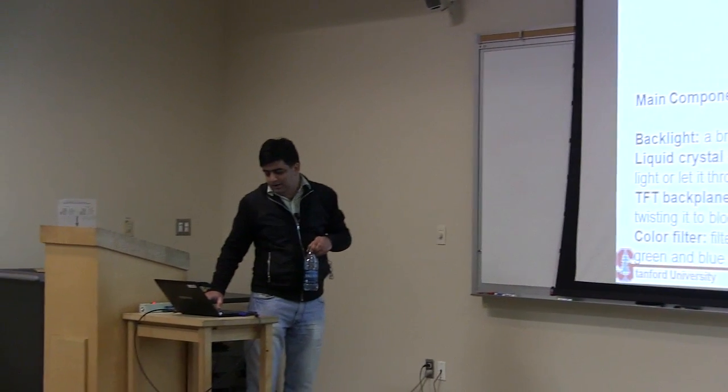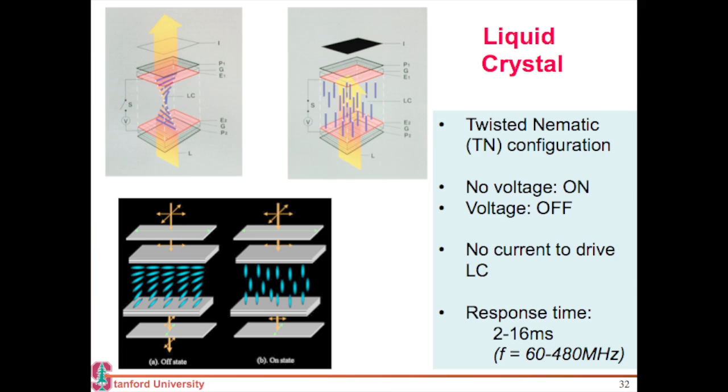And to give you some more idea how an LCD display works, there are two different schemes in which your LCD display can work. One, the most common or the older one, is called the twisted nematic configuration, or TN configuration. The way it works is that you have one polarizer, which will polarize all your light in one particular direction.